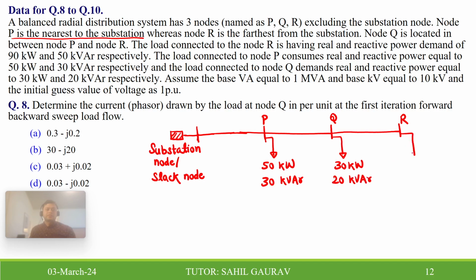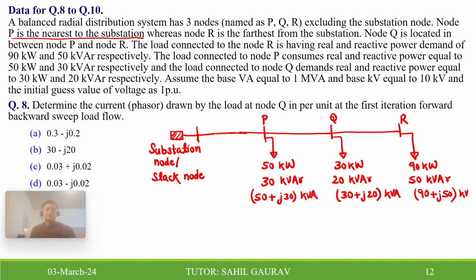And at node R, it is 90 kilowatt and 50 kVAR. You may write in terms of kVA: 50 plus j30 kVA, 30 plus j20 kVA, and then 90 plus j50 kVA.